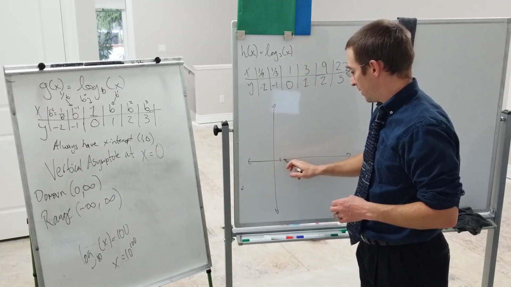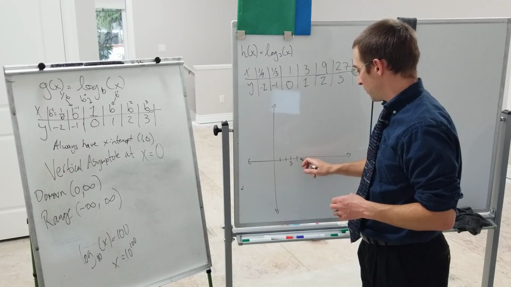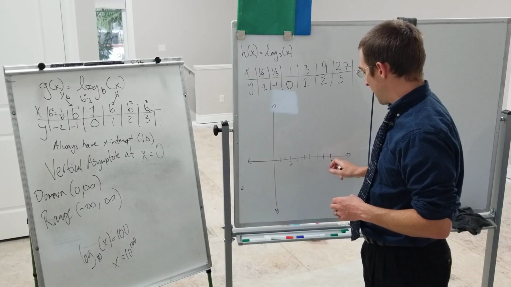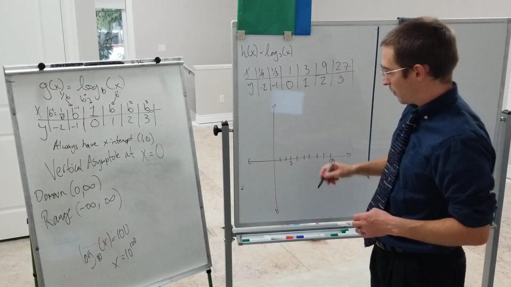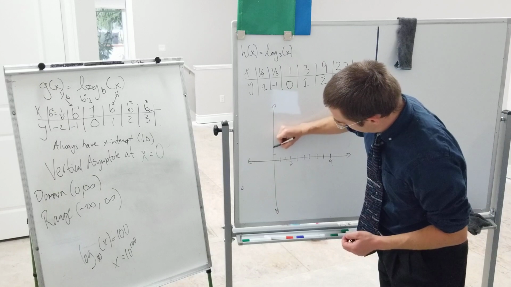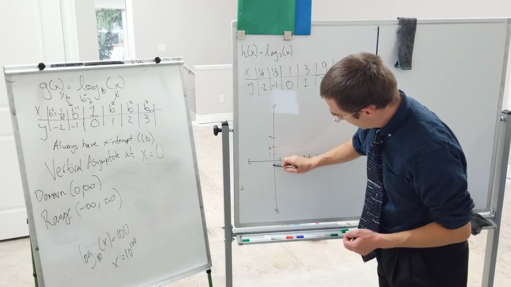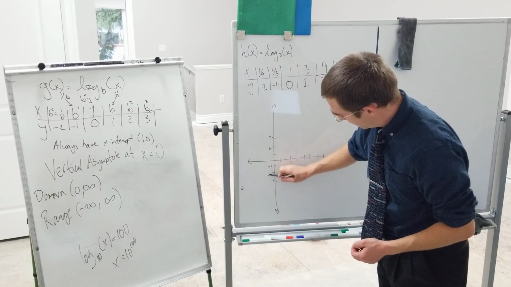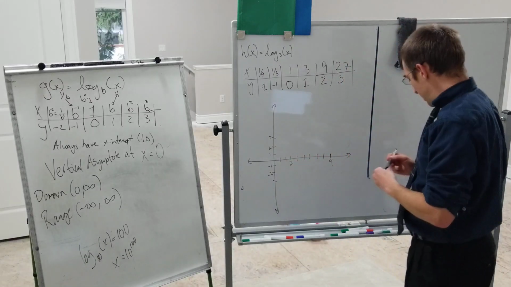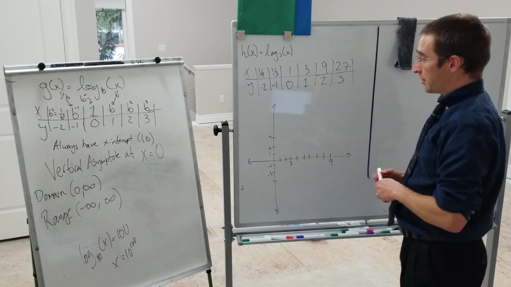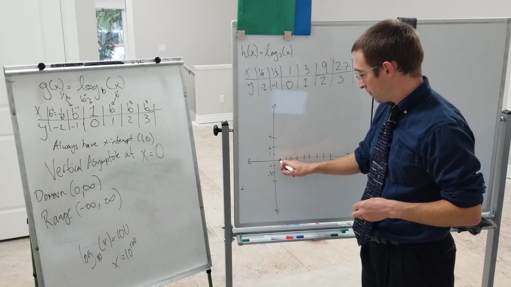So to sketch this graph, I go 1, 2, 3, 4, 5, 6, 7, 8, 9. Not going to go out to 27. That's too big of a number for my liking. And 1, 2, 3, negative 1, negative 2, negative 3. So I'm going to put these points on there. I've got my x-intercept at (1, 0).